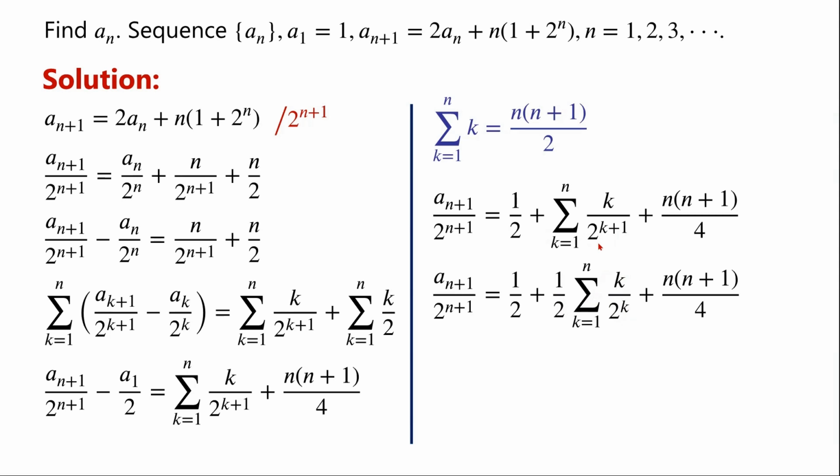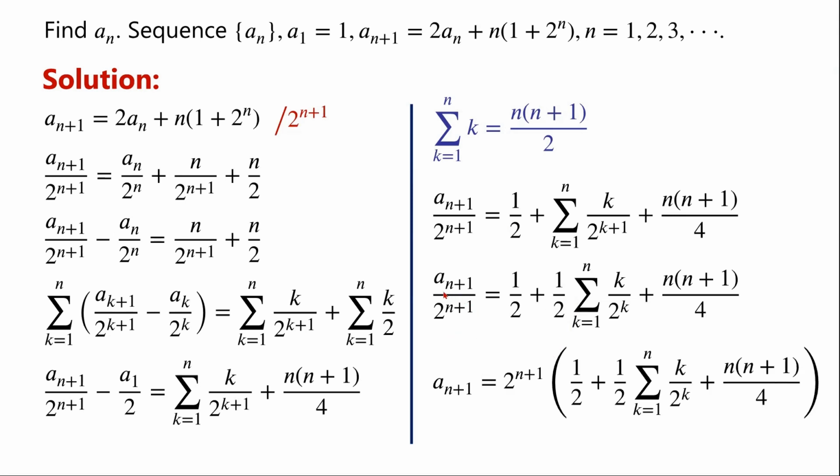Here we have 2 to the power of k plus 1, which can be written as 2 times 2 to the power of k. We can move a half outside of the sigma sign. Now we multiply by 2 to the power of n plus 1 to obtain a(n+1).